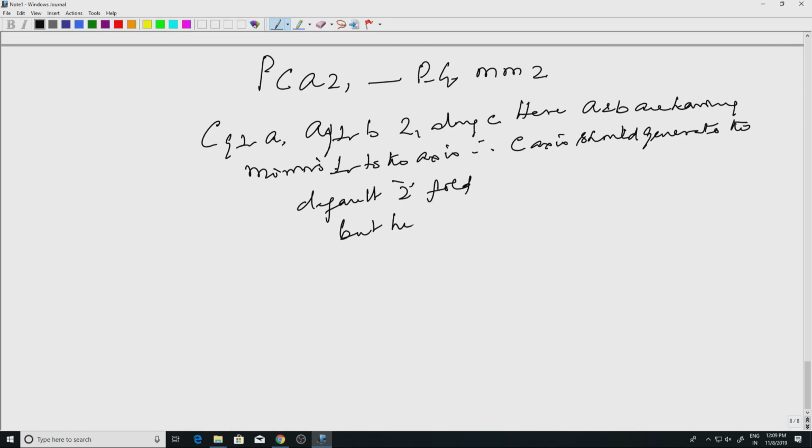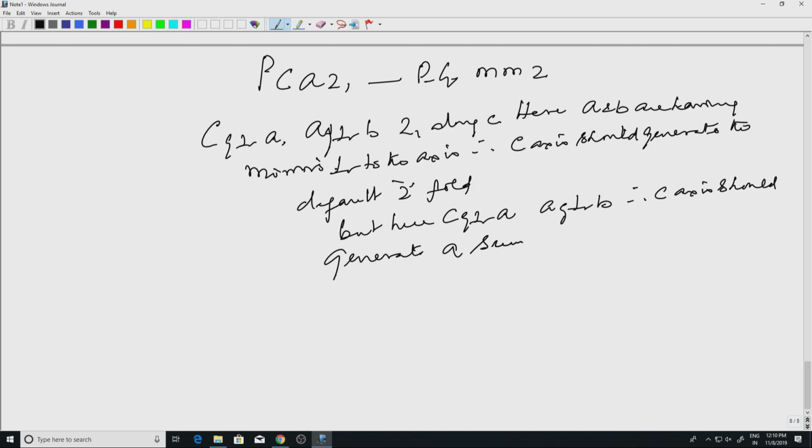But here, C glide perpendicular to A, glide perpendicular to B. Therefore, C axis should generate a screw 2, 1 along C.